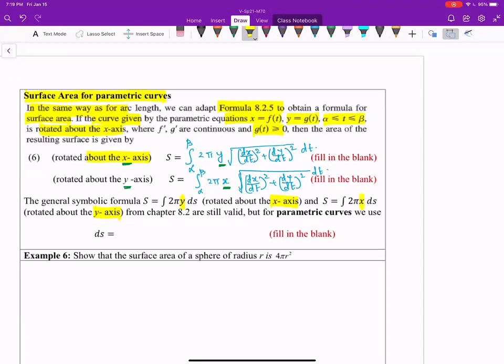Those are still valid, but for parametric curves, we use ds, which is the notation for the arc length, which is simpler than there. We had two options. We have to carefully choose the right one, but here there is only one. So ds, the arc length is square root of dx by dt the whole square plus dy by dt the whole square dt.